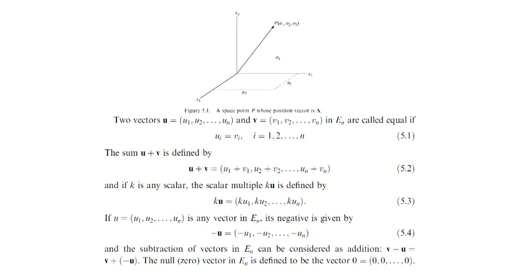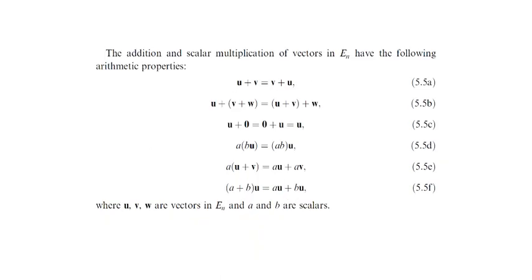And here also you can define a null vector, and a null vector would be an ordered n tuple of zeros. Now, the addition and scalar multiplication of vectors in En have the following arithmetic properties. u plus v is v plus u, and u plus v plus w is u plus v plus w.